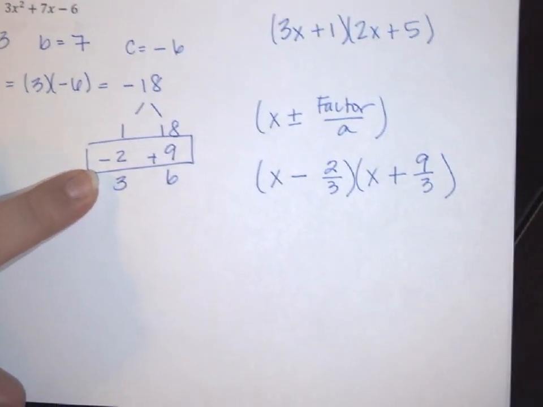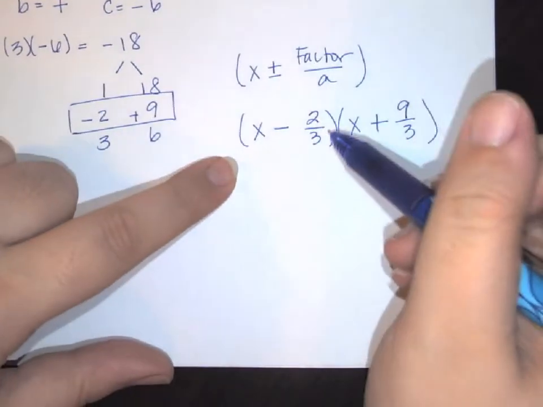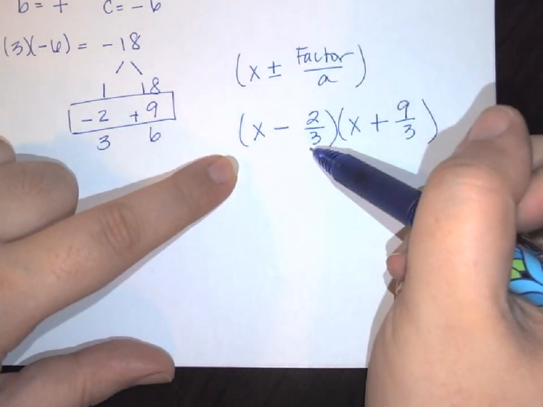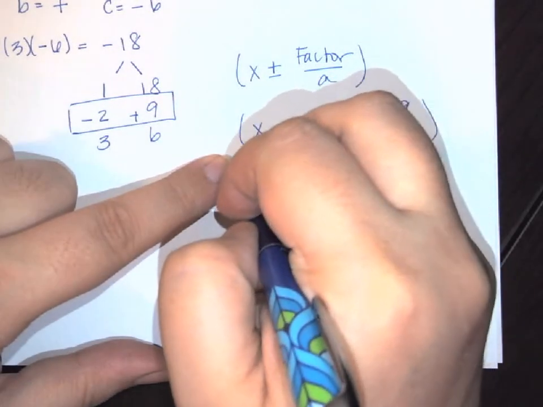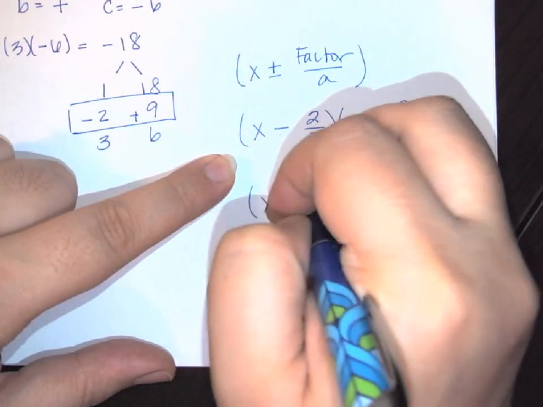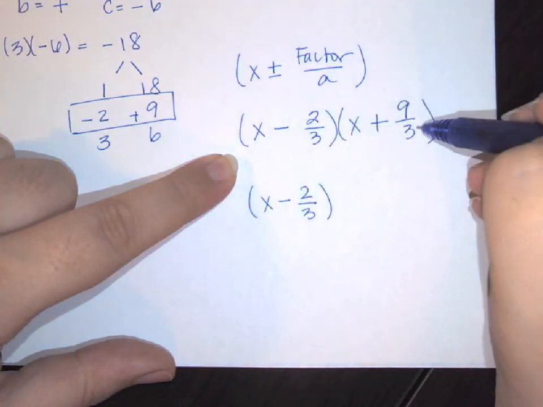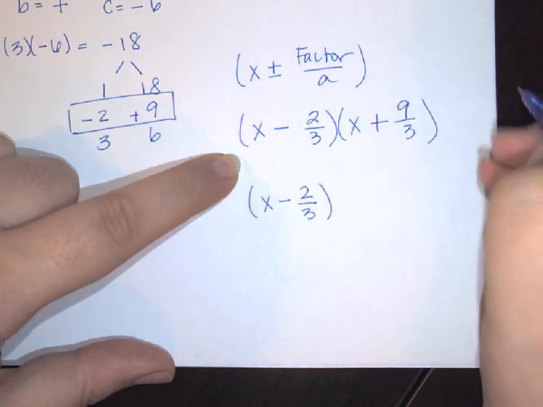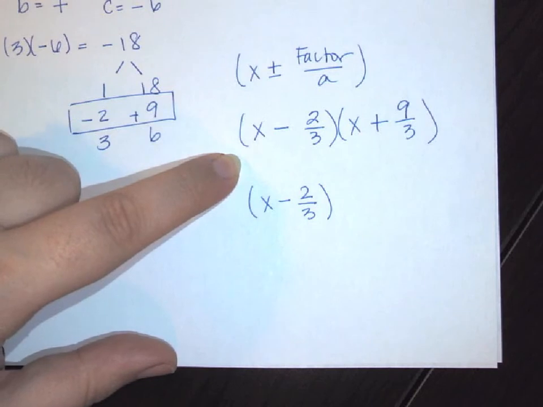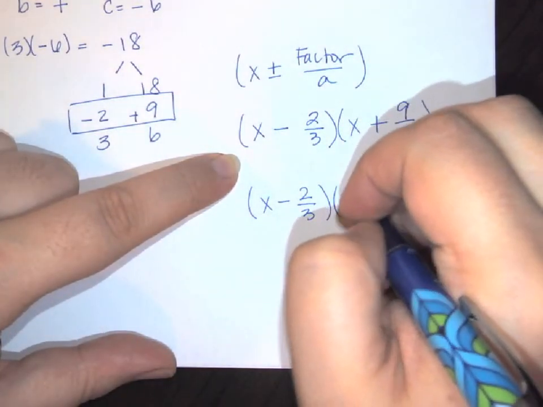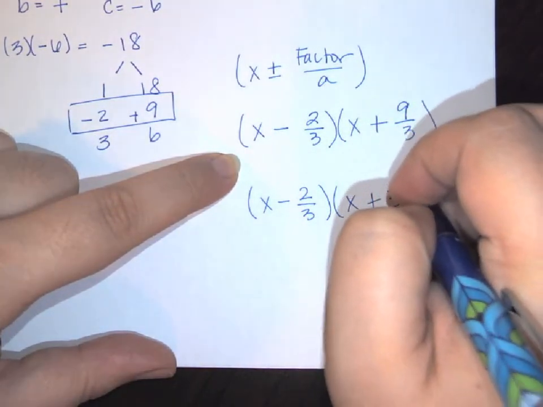Well, the next step, if you remember, is reduce. If you look at this first fraction, there is nothing to reduce, so this is still going to be x minus 2 over 3. And then over here, 9 over 3 reduces to 3. So here this becomes x plus 3.